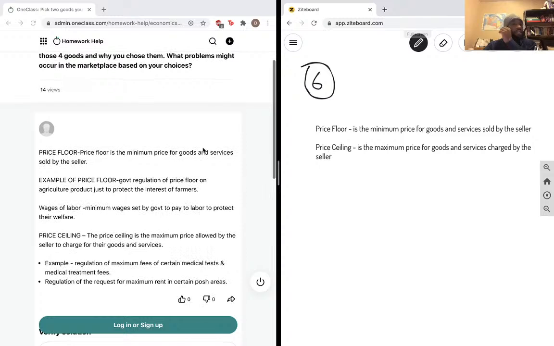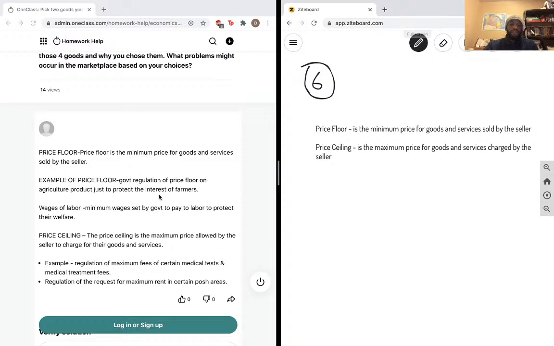And some of the problems that this might create in the market. So let's look at the price floor on the farmers. Because of the consumers, depending on what that price floor is, they might try to purchase their farm-related goods elsewhere, at a supermarket perhaps, and it could decrease the surplus for the producers, which are the farmers.